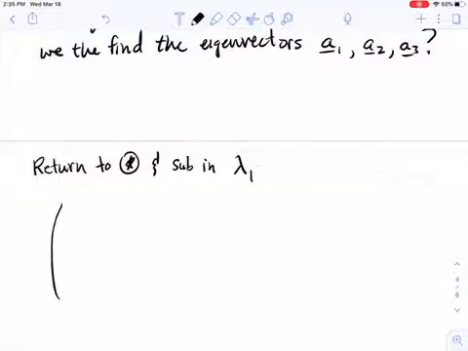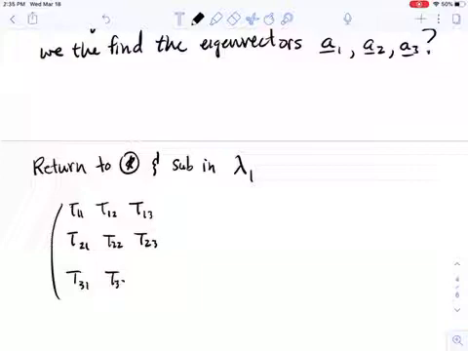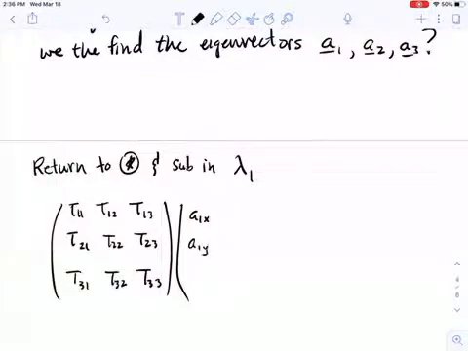Okay, so in general, we have this 3 by 3 matrix where, you know, all of these elements, Tij's, we know their values. It's not diagonal, right? So there's off diagonals. But we know those elements. What we don't know are the components of the eigenvectors. So we don't know a1x, a1y, or a1z. But it must satisfy this equation.